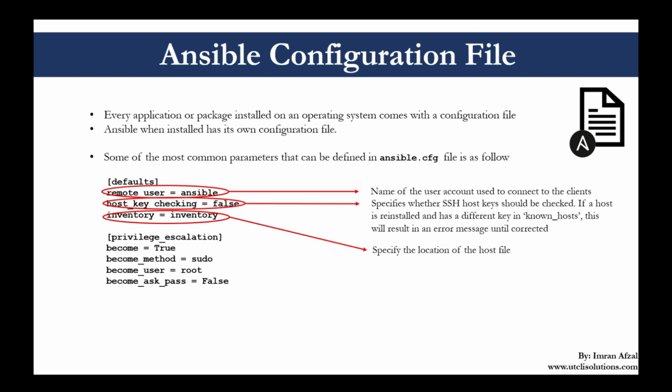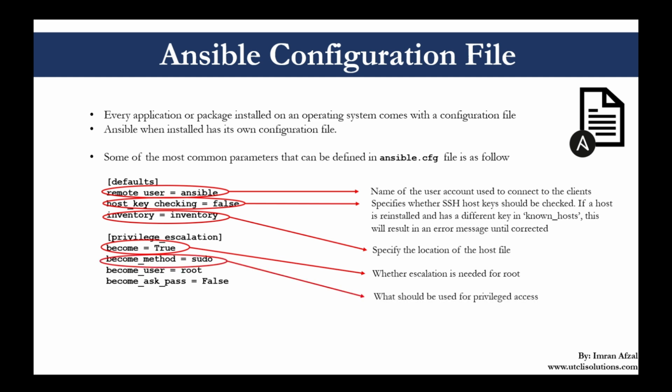Then you have additional parameters for privilege escalation. Some of them are become equal true, which means escalation is needed for root, and how it's going to change it, what should be used on a local or client system for privileged access. Then become_user, what user it should become, and it should be root, which is the administrative account on a Linux machine, indicating the name of the user account used to run escalated commands.